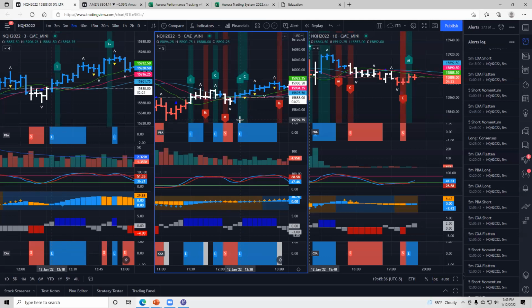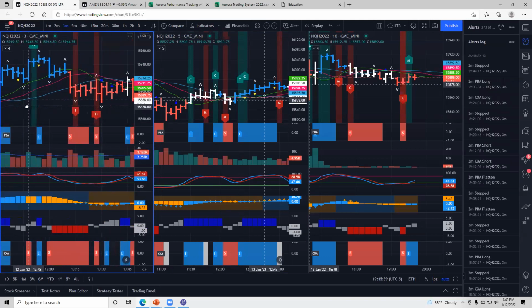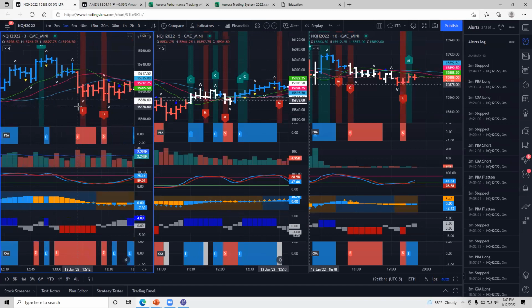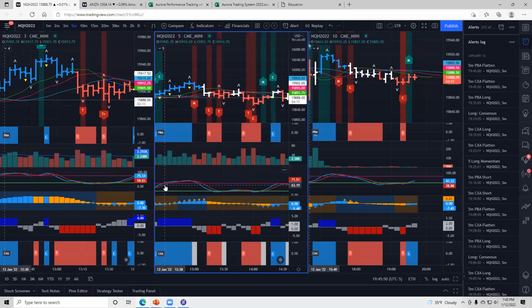Then moving forward on the 3-minute bar, we had a signal present itself at 13:12, so 1:12. And on the 5-minute CXA, it presented itself 3 minutes later at 115.